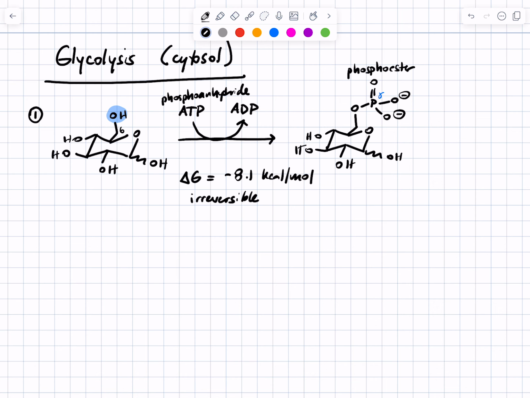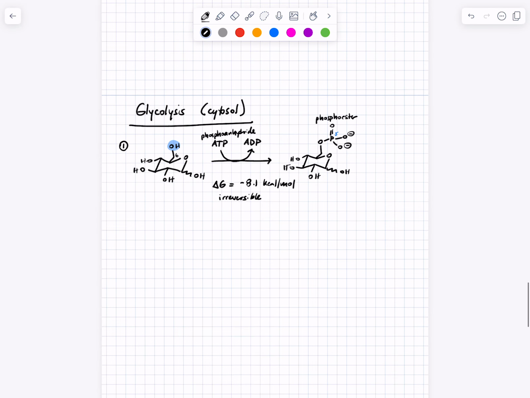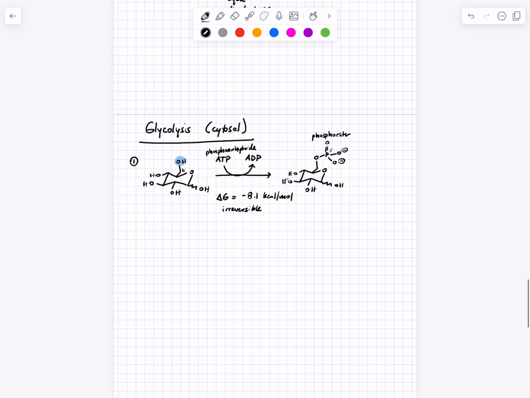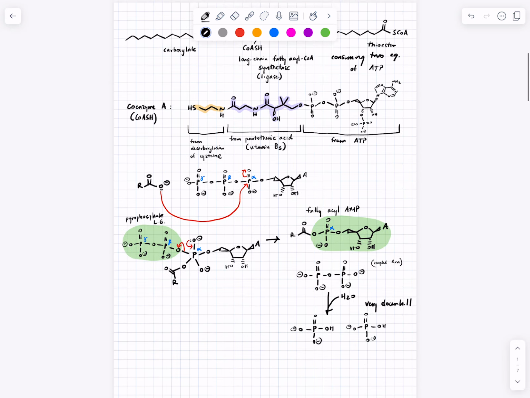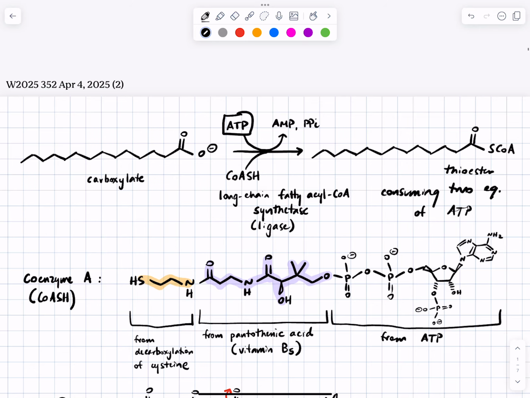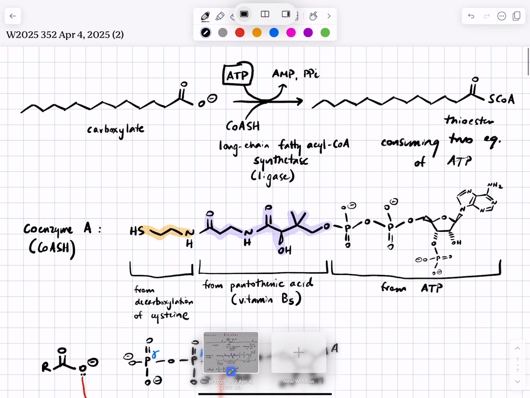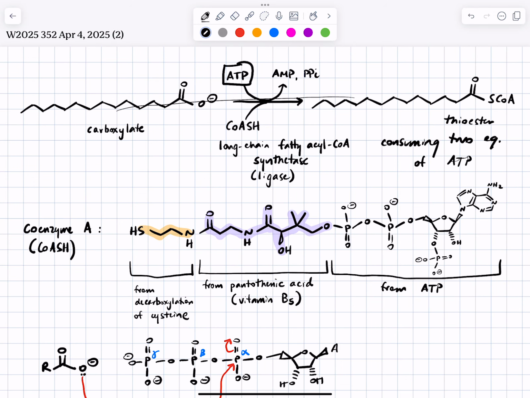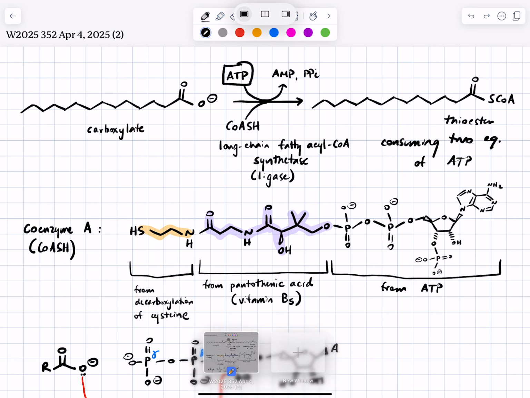And again, you can recognize irreversible steps in metabolism by just comparing the reactivity of the starting materials versus the products. Am I going uphill versus downhill? Let's actually jump and do that same comparison with the first step that we talked about today, using the fatty acyl-CoA synthetase. Is this uphill, downhill, or sort of neutral?